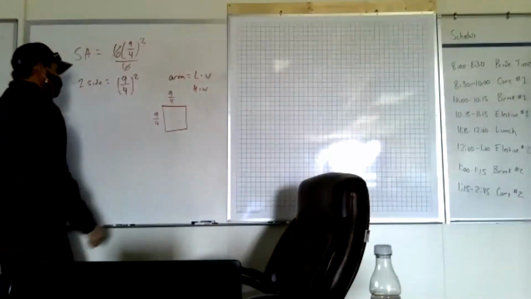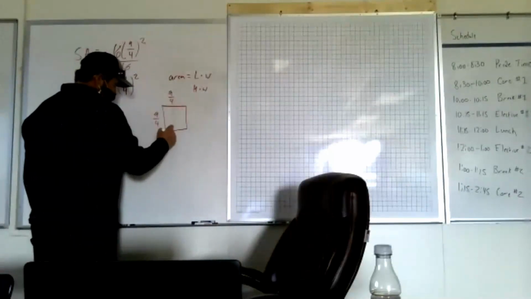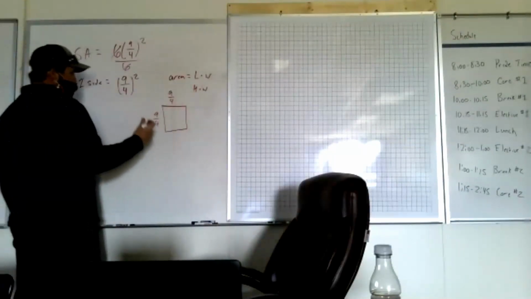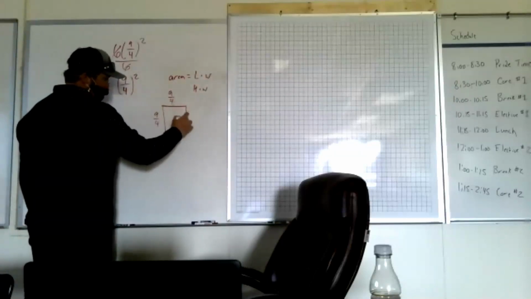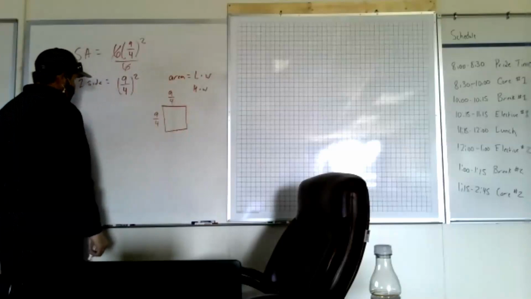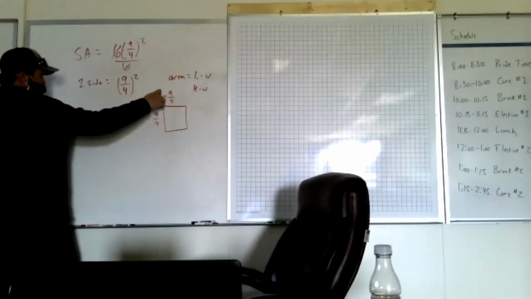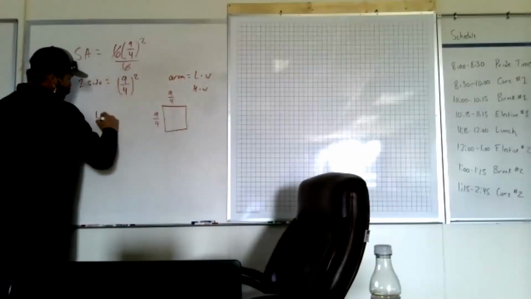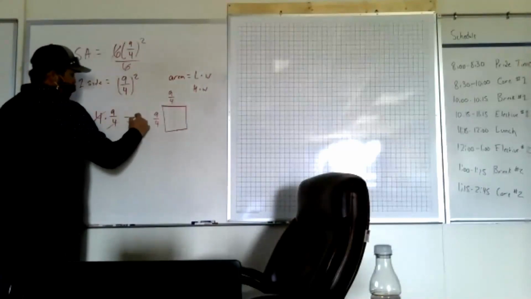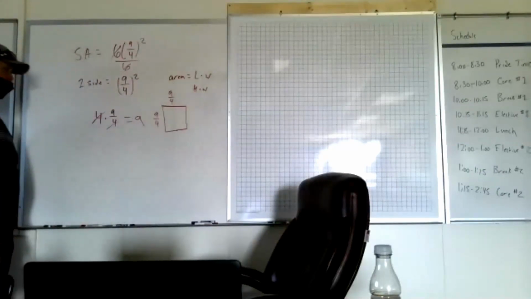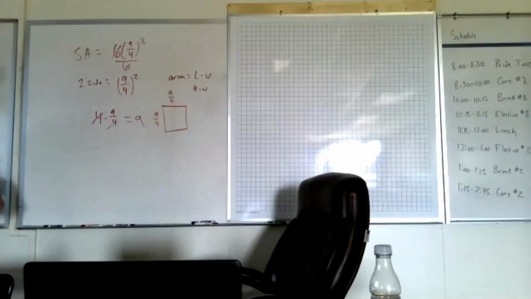The perimeter is taking these side lengths and adding them all up. This side plus this side plus this side plus this side. Or you could just multiply one side length by 4. So 4 times one of our side lengths. Those two would cancel out, and we're going to be just left with a as the perimeter of our cube.